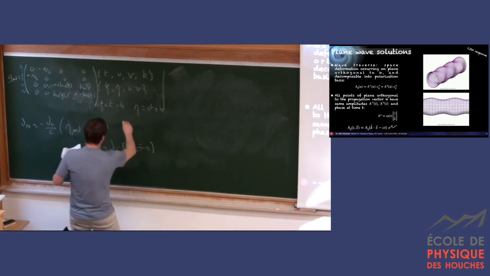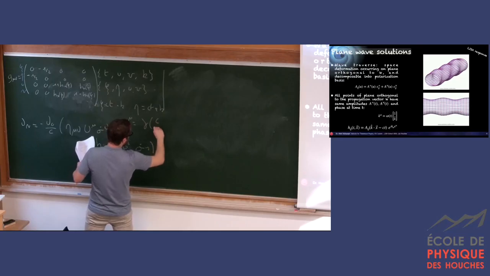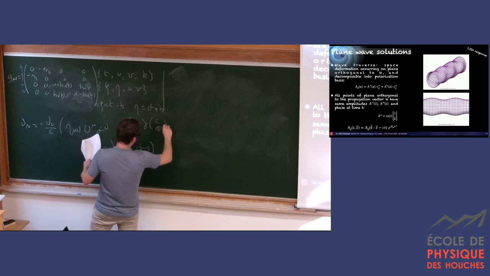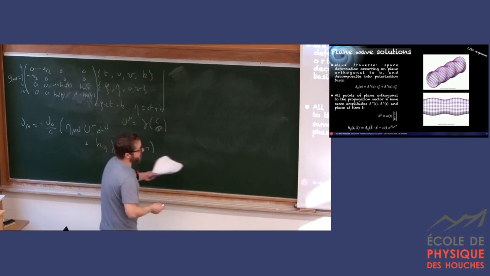So you have basically nu is equal to gamma c, gamma v. And what is sigma? Sigma is a tangent vector.